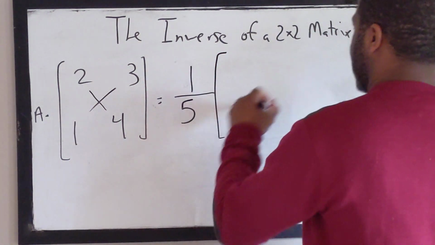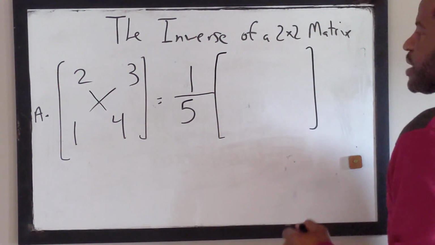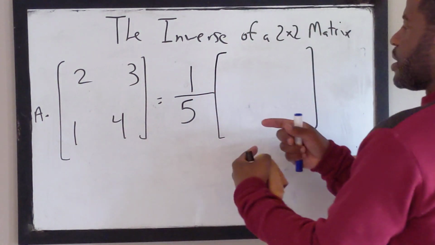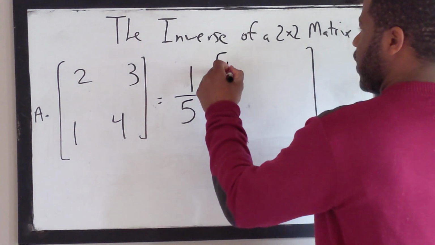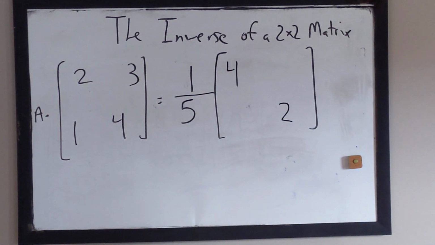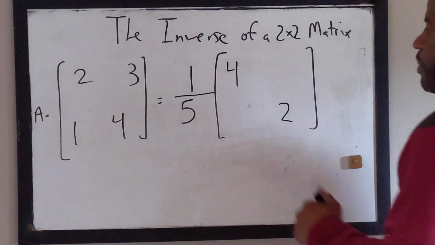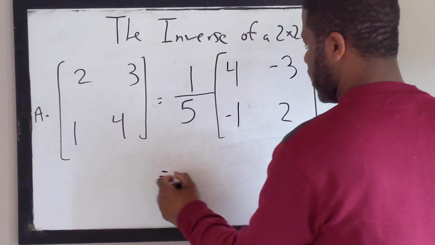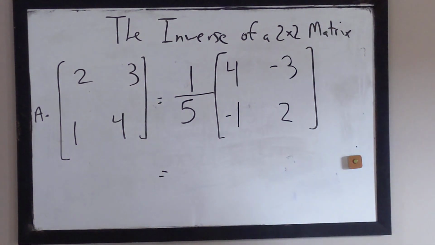Okay? And now, remember what we had to do in the previous case. We had to switch the numbers on the main diagonal. So that was what? 4, 2. Okay? And then we needed to negate the other numbers. That's negative 3 and negative 1. All right?